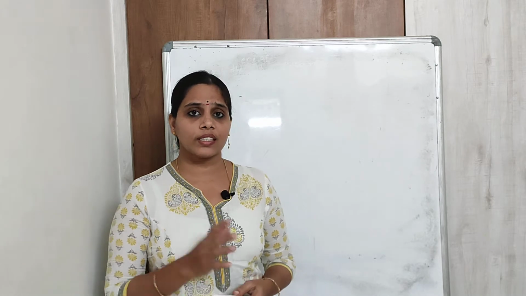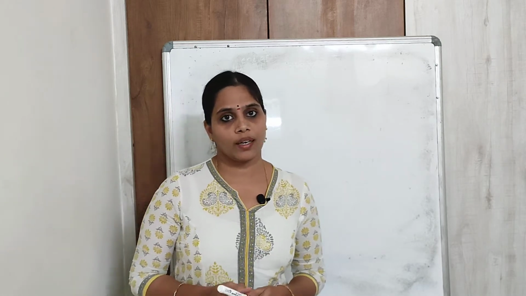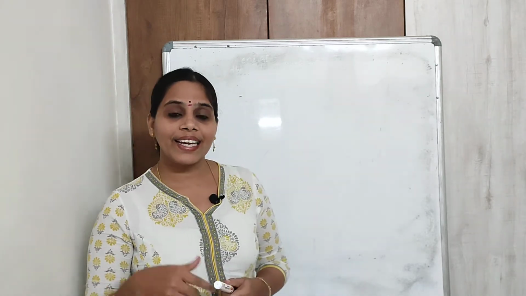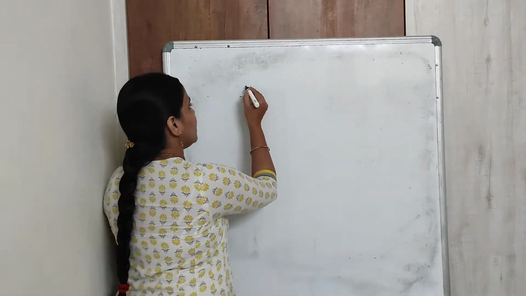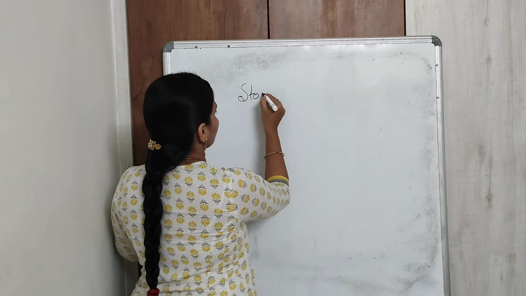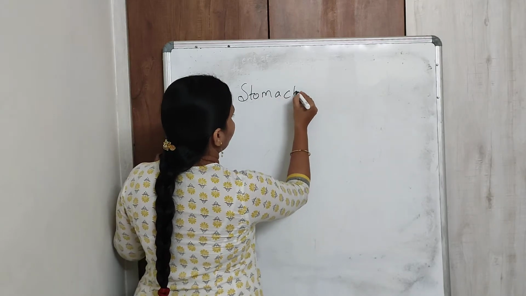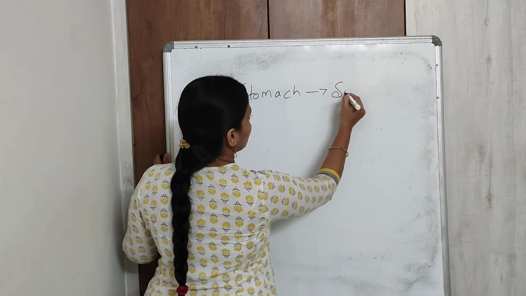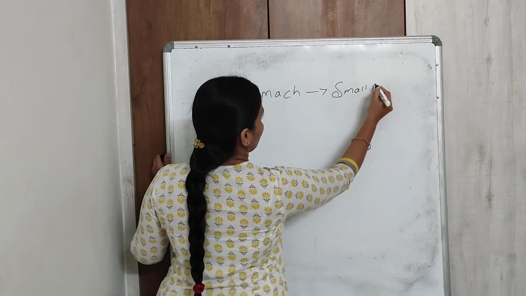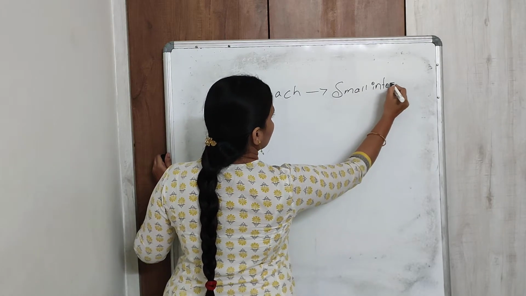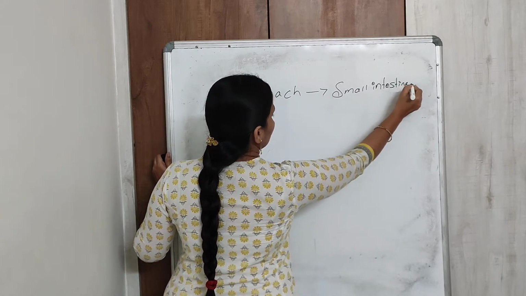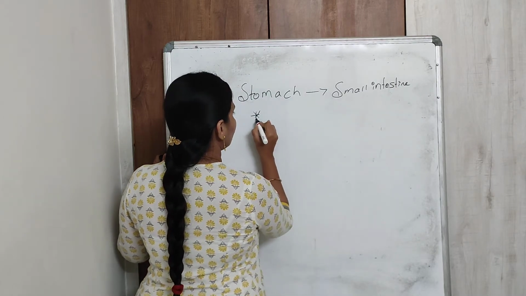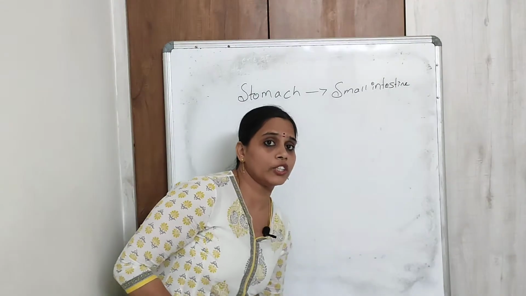Yesterday we discussed up to the stomach, right? Now what is the next part of the alimentary canal after the stomach? Food enters into the small intestine. This is an important point, children.